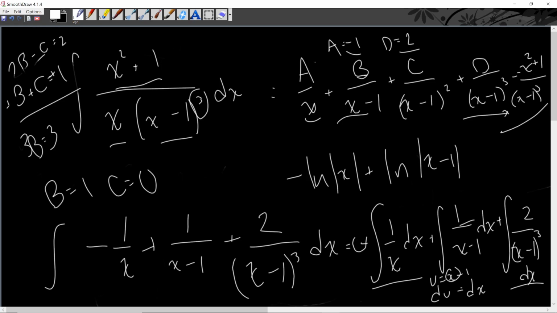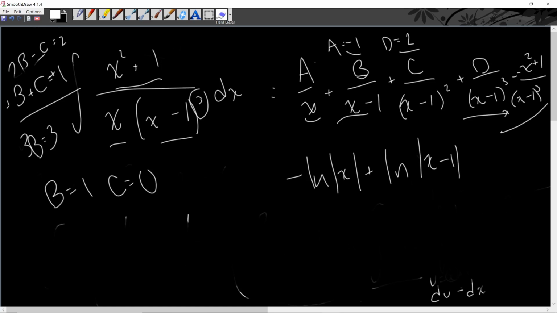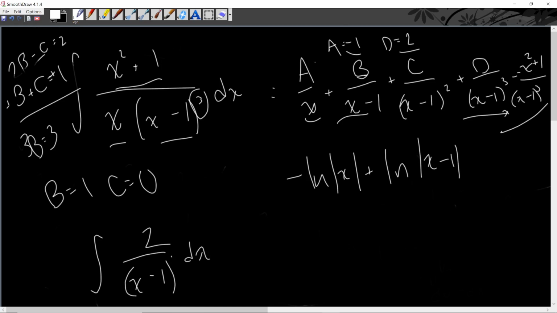And then from here, we can do our u sub, right? 2 over x minus 1 cubed. We have a function inside of a function, and we cannot undo quotient rule. So we're having x minus 1 cubed.